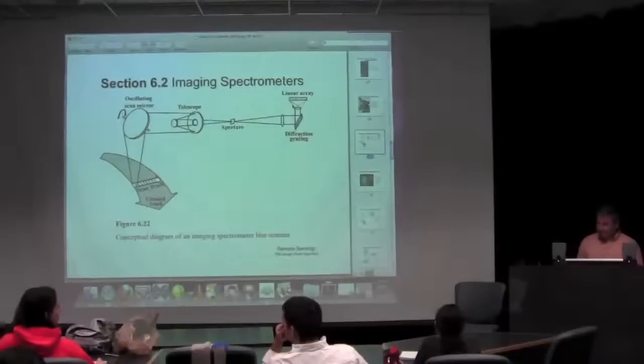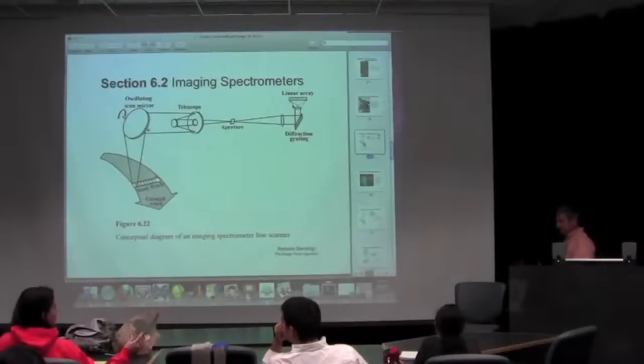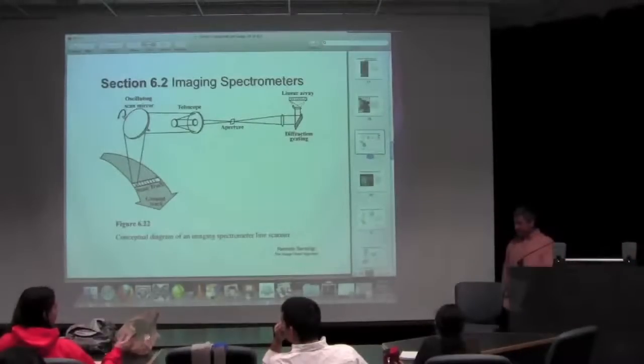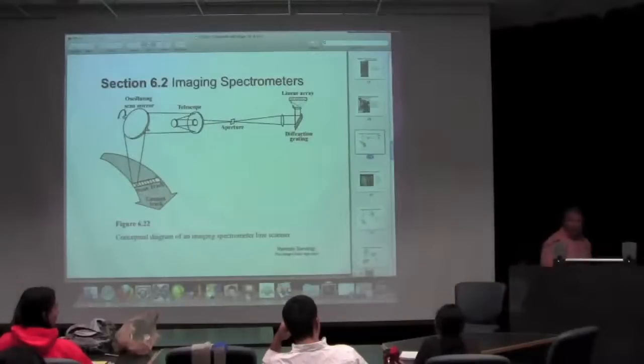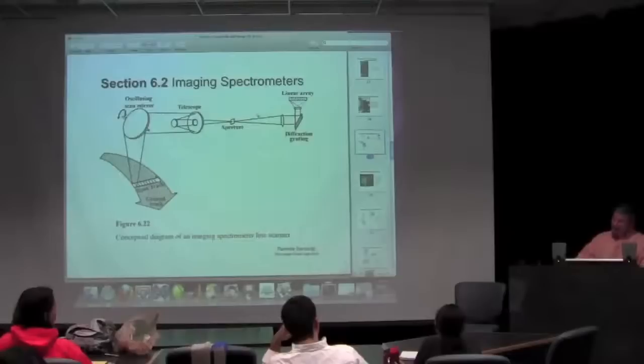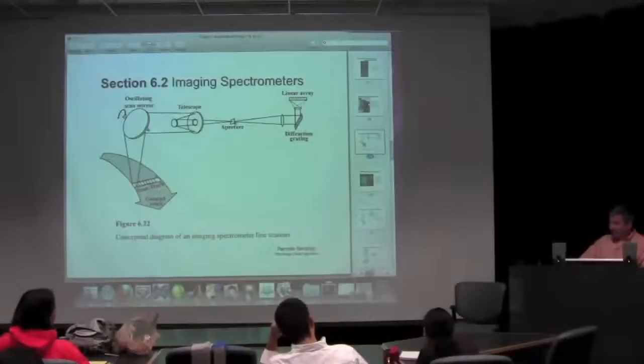So your grating has to be perfect at putting them spectrally within the pixel size that you created? Well, no. The pixel size you created right here, I mean on the linear array, the detector size. No, I think I see what you're saying. This is going to define your spot on the ground. After this point, it's just energy.